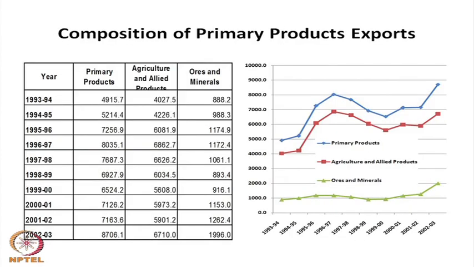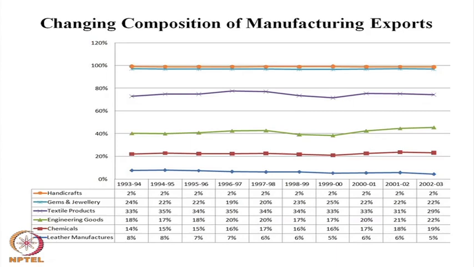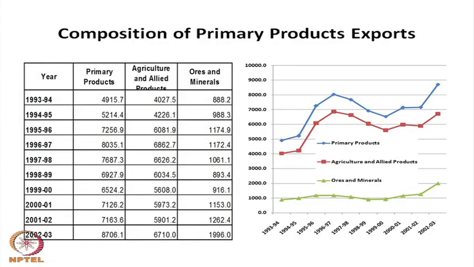If you see the composition within the primary product, the composition is more towards agriculture and allied activity. Ores and minerals also increased the export revenue, because the mineral and ore sector has been decontrolled, and it has become an export revenue for India. In the last 10 years India has increased the export revenue, and it contributed nearly 2,000 million US$ in 2002-3 as export revenue through mineral export.